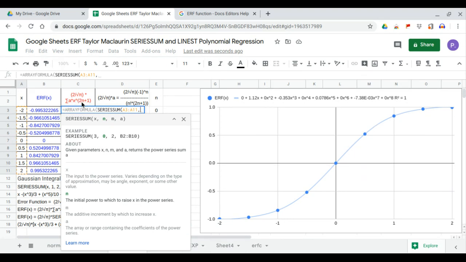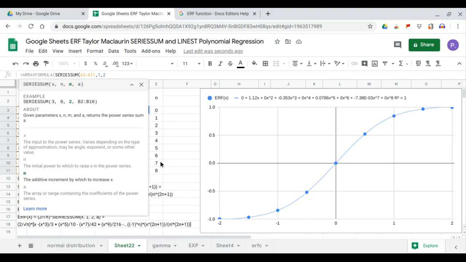So at n equals 0, the power of x is 1. At n equals 1, the power will be 3. At n equals 2, the power will be 2 times 2 plus 1, 5. So 1, 3, 5, there's the interval of 2. And the coefficient will be this range.